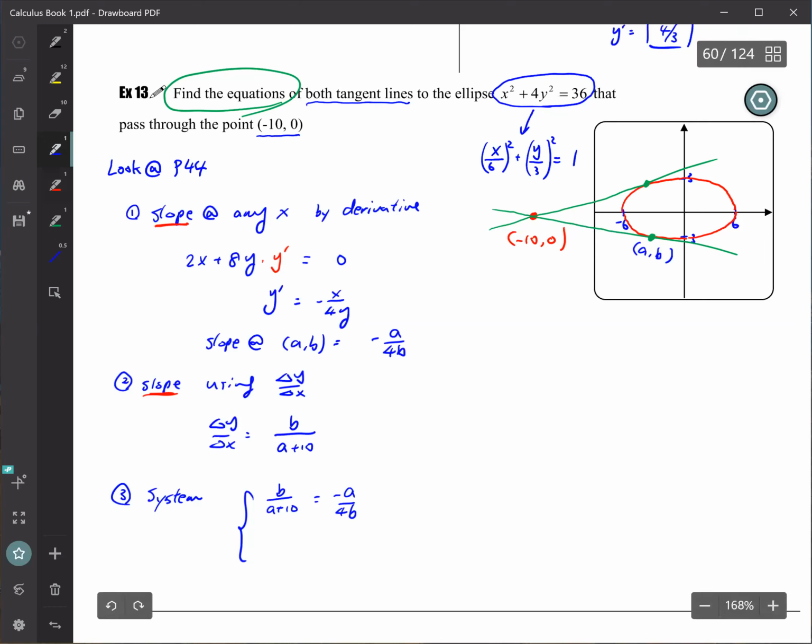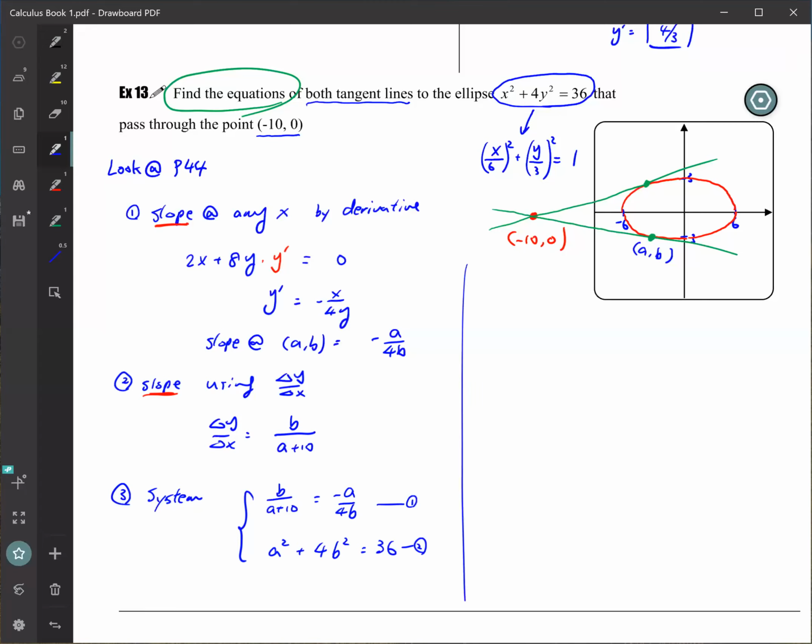So if you sub in (a, b), because (a, b) is on the ellipse, you can put it inside the ellipse equation to get a squared plus 4b squared equals 36. So that's our equation 2, and the earlier one is equation 1.